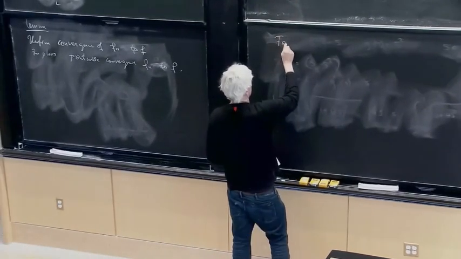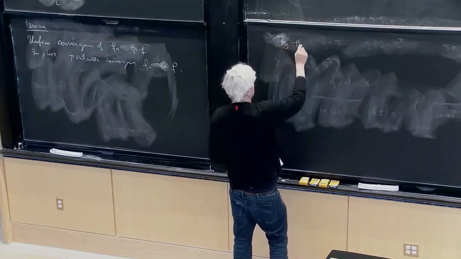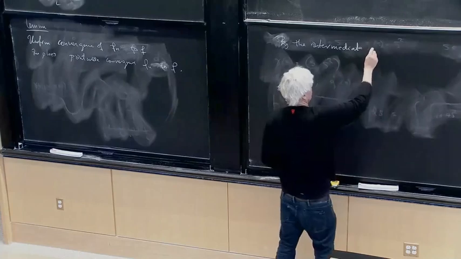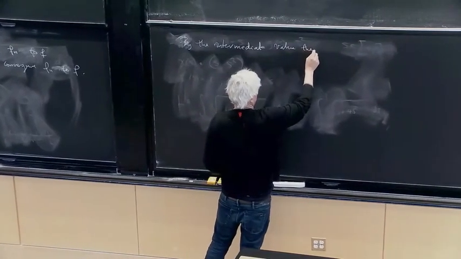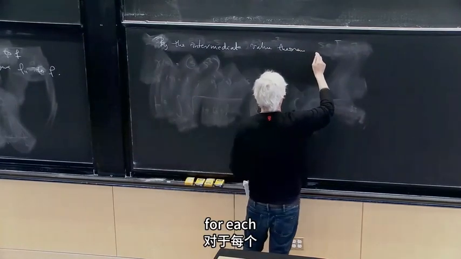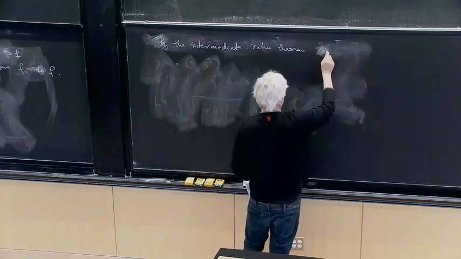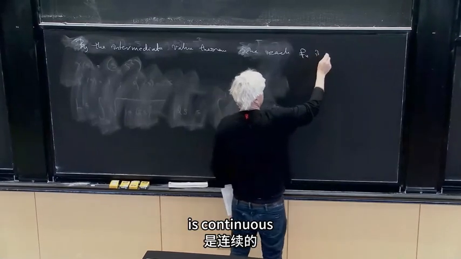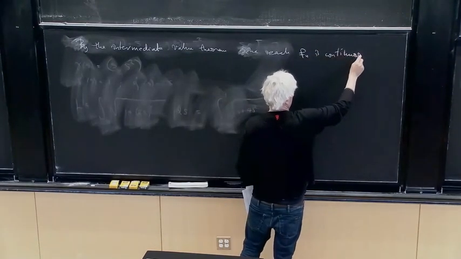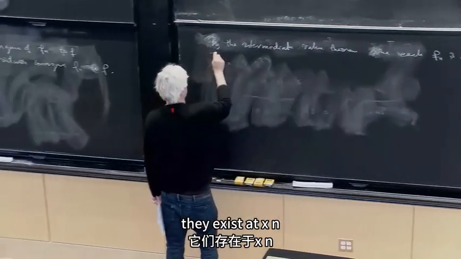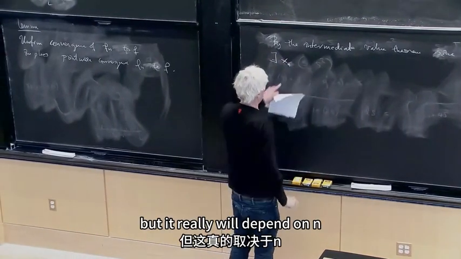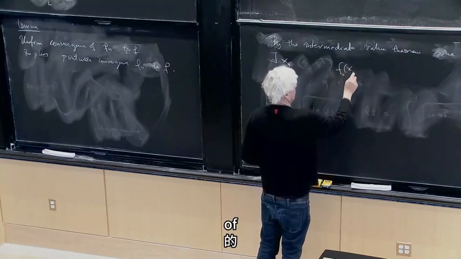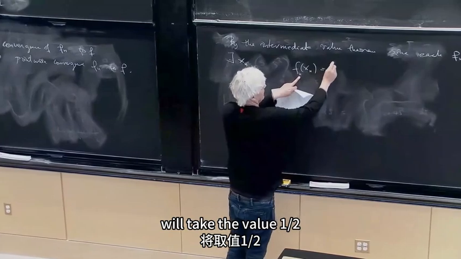So for each n, by the intermediate value theorem, since each Fn is continuous, there exists an xn, but it really will depend on n, so that Fn of xn will take the value 1/2, right?